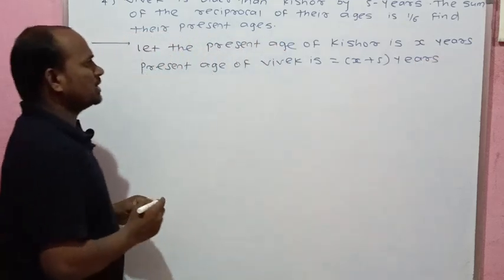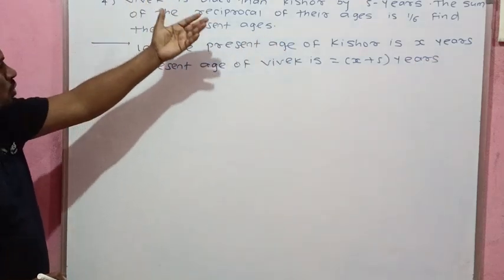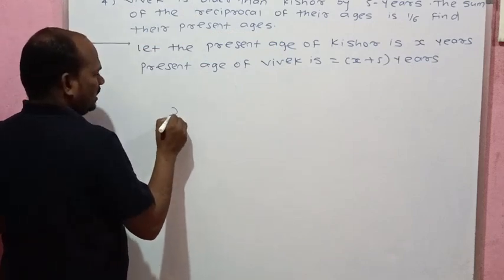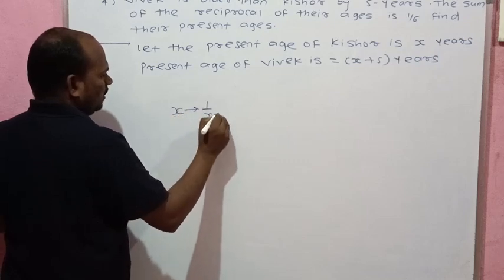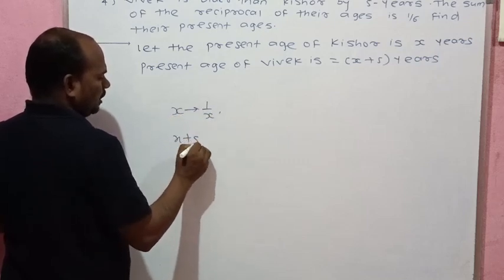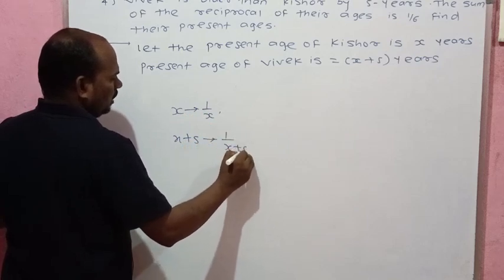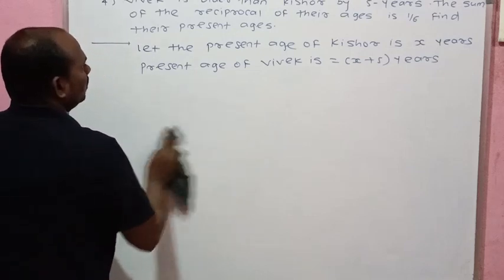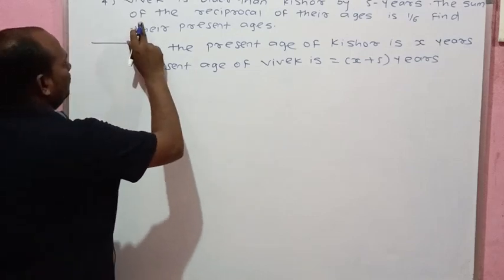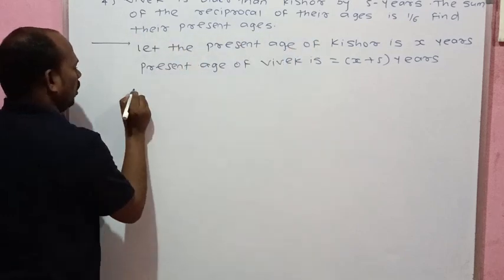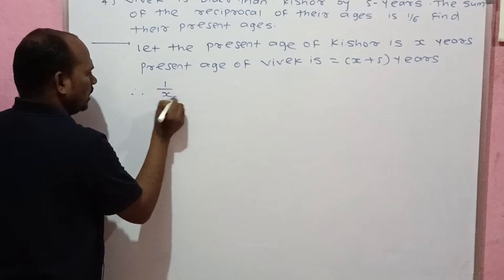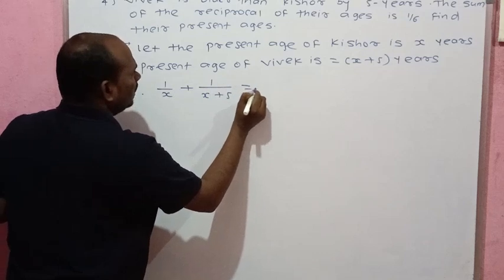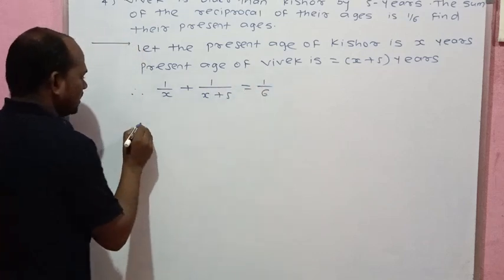The sum of the reciprocal of their ages: the reciprocal of x is 1 by x, and the reciprocal of x plus 5 is 1 upon x plus 5. The sum of the reciprocal of their ages, 1 by x plus 1 by x plus 5, is equal to 1 by 6.